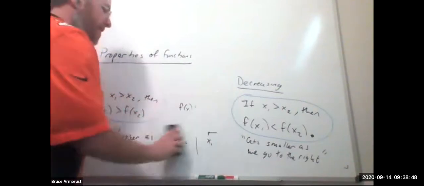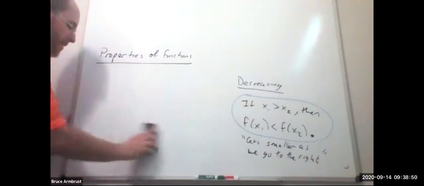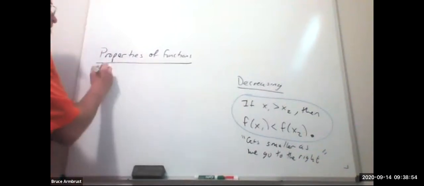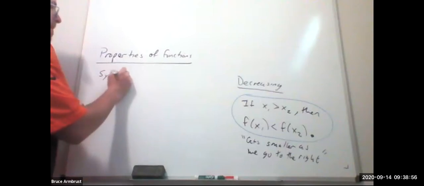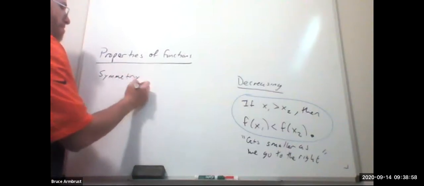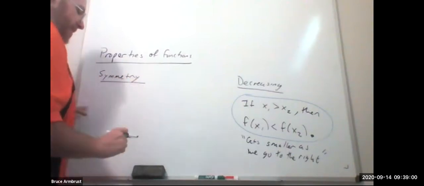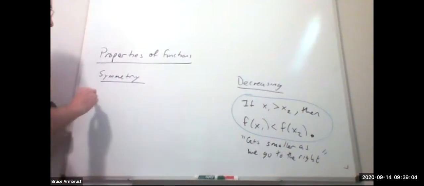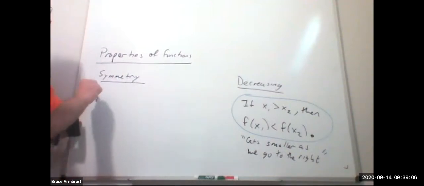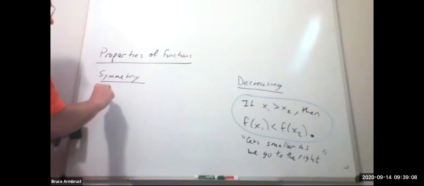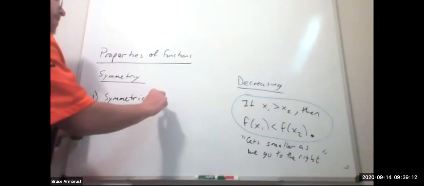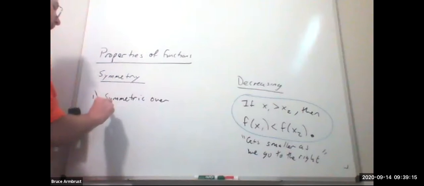Another thing that we talk a lot about is symmetry. And specifically with functions, we look at two different types of symmetry. One is symmetric over the y-axis.